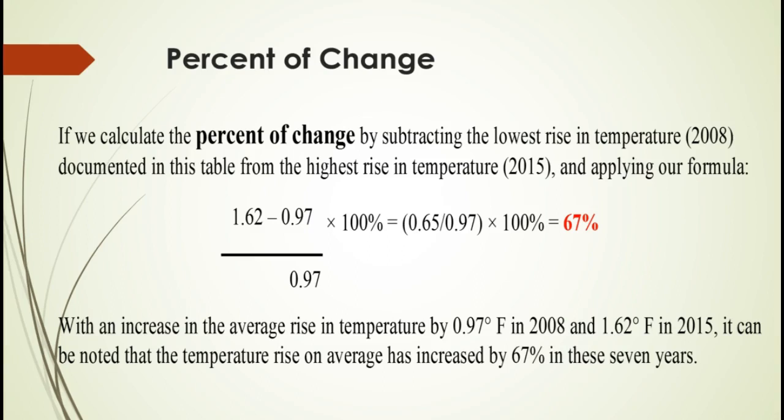From these calculations, we can conclude that with an average rise in temperature of 0.97 degrees Fahrenheit in 2008 and 1.62 degrees Fahrenheit in 2015, the temperature rise on average has increased by 67% in the reported 7 years.